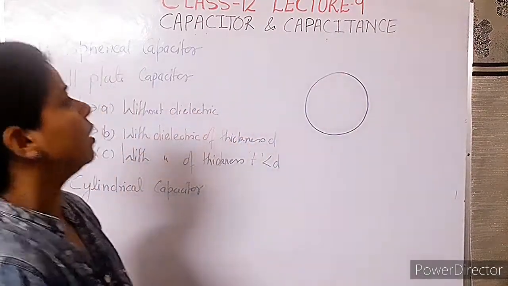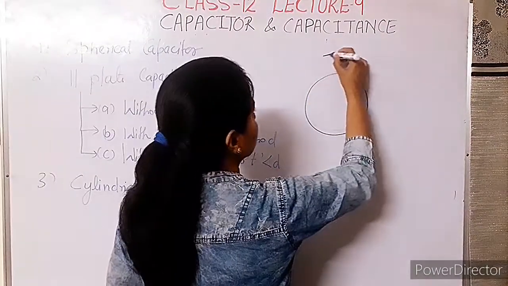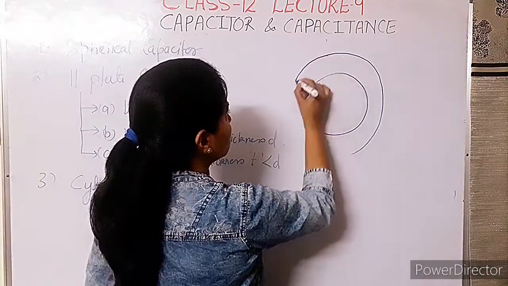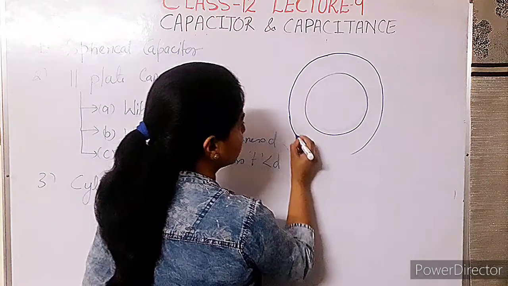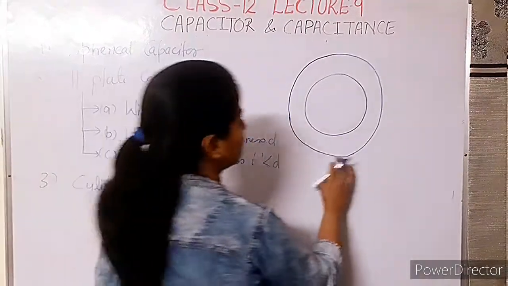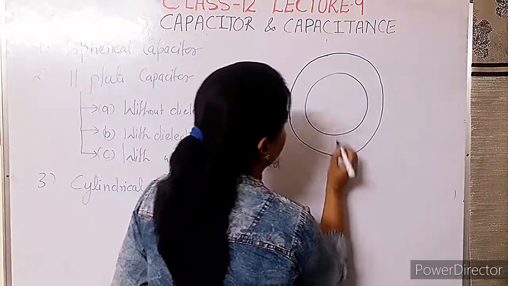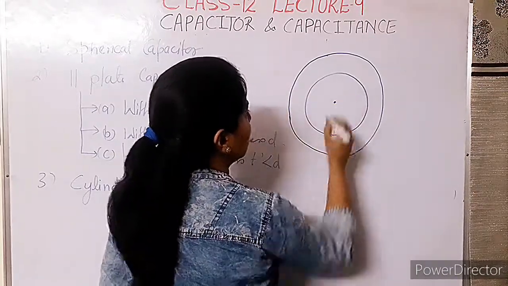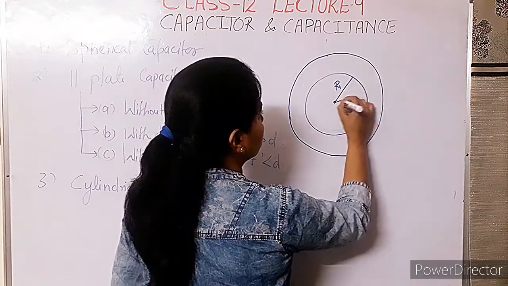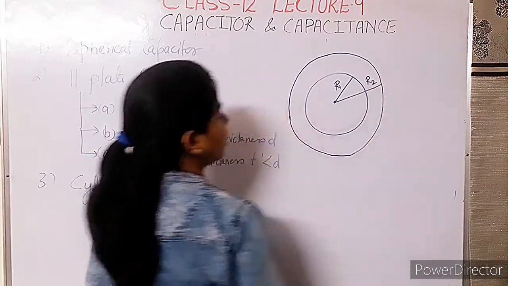This one is one conductor and this one is another conductor. You can see these are the two concentric spheres, and both are conductors. The inner conductor radius is R1, the outer conductor radius is R2.